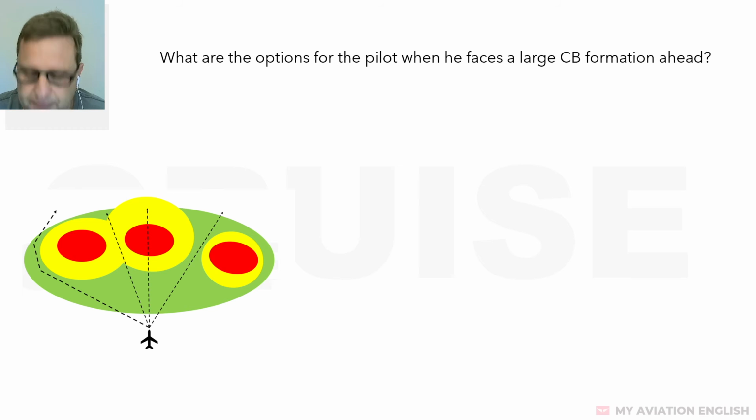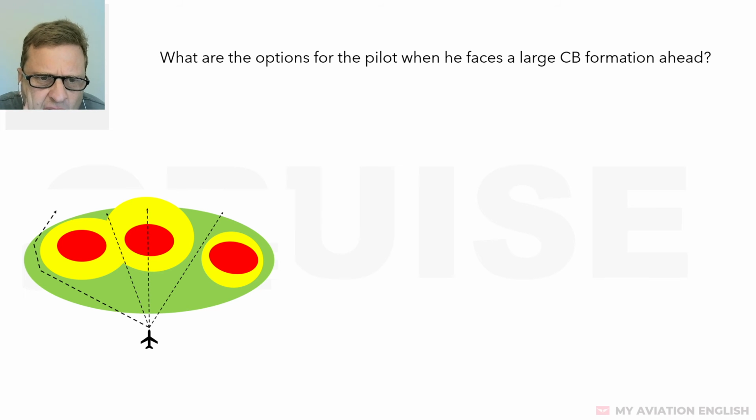What are the options? Okay, can I start? Yes. In my opinion, I guess the aircraft should make deviations from clear to the cells.